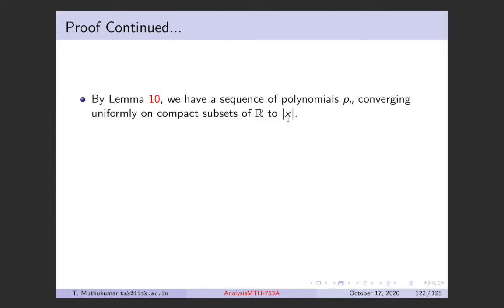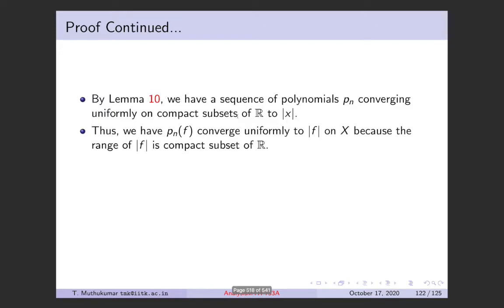So corresponding to these polynomials P_n, you actually have P_n(f) converging uniformly to mod f on X. And the uniform convergence on compact sets becomes uniform here because the range of f is a compact subset of R, because it's a continuous function on a compact set.